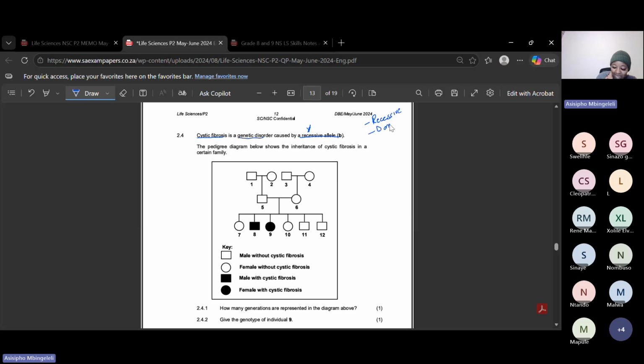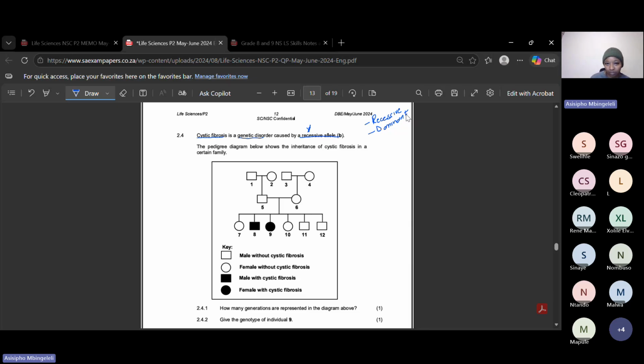So that is the key information that you would need to know in this case, right? Because if it's caused by a dominant allele, that means an individual with this particular disorder will need to have a dominant allele. But if it is caused by a recessive allele, that means in a heterozygous condition, it's going to be masked.